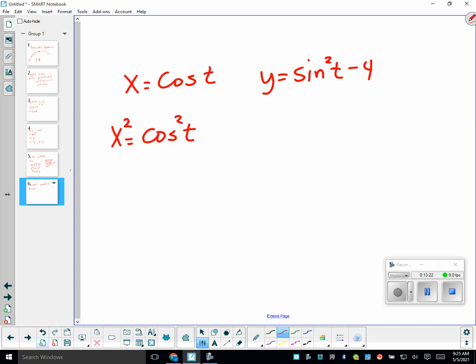Now, this is cosine, this is sine. Can I change that to sine? It's 1 minus sine squared. You had it in your head, didn't you? Yes, I did, but I thought surely that's not right.